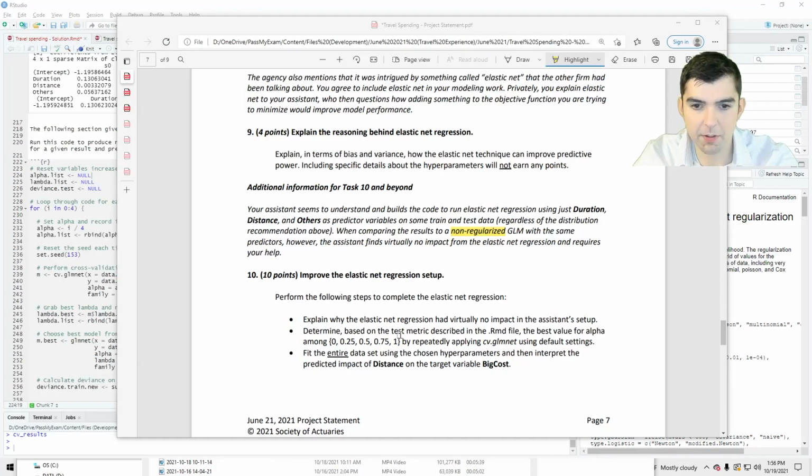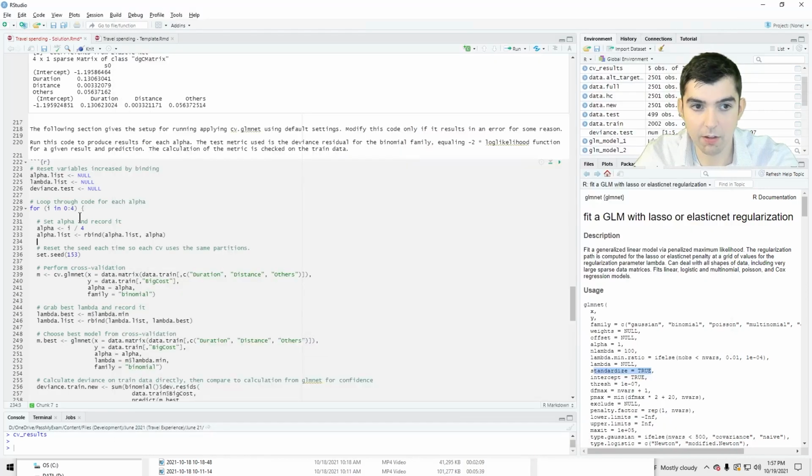Determine, based on the test metric described in the RMD file, the best value for alpha among 0, 0.25, 0.5, 0.75, 1 by repeatedly applying CVGLMNet using default settings. So they say the following section gives the setup for running, applying CVGLMNet using default settings. Modify this code only if it results in an error for some reason.